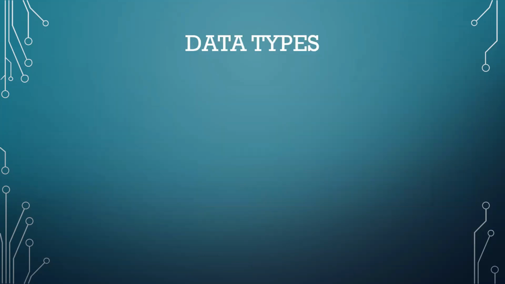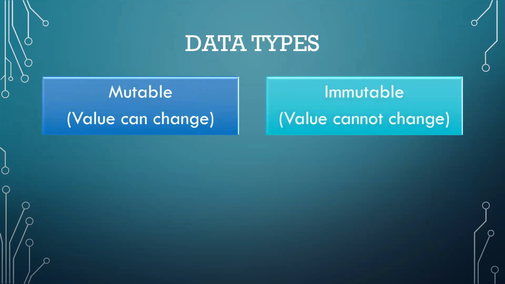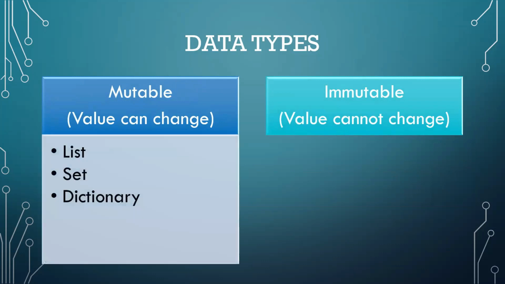Before going on, there are two kinds of data types: values that can be changed, and values that cannot be changed. Values that can change are called mutable, like list, set, dictionary. In the list, set, dictionary, when you are writing your data, if you make any changes like adding an item, deleting an item, or replacing an item, it can be changed.